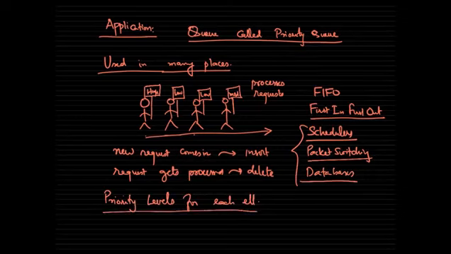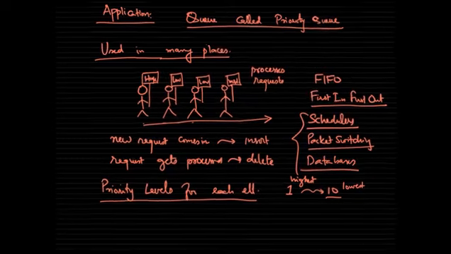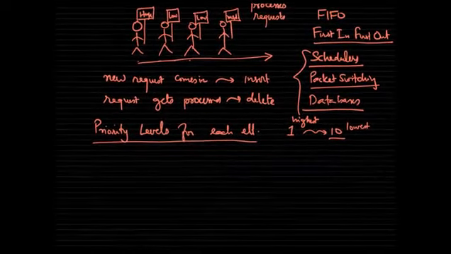Okay, so a new element comes in, it might come in with its own priority level, and you might have priority 1, highest priority, priority 10, lowest priority. You might have a priority number, and you want to process the highest priority ones first, and then the lowest priority ones last. You want to respect the priority. Okay, this is super important in many applications.